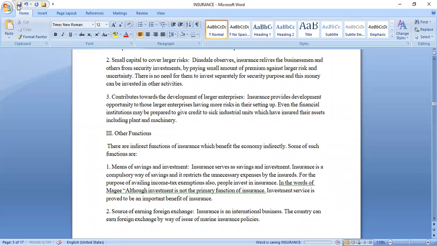Then another primary function is that it contributes towards the development of larger enterprises. For example, if businesses are insuring themselves, then it means that these businesses can be creditworthy to get loans, because banks would want to give loans to businesses that have been insured.